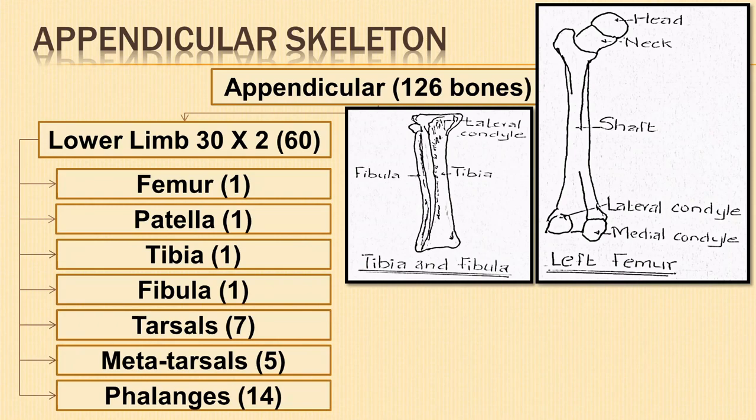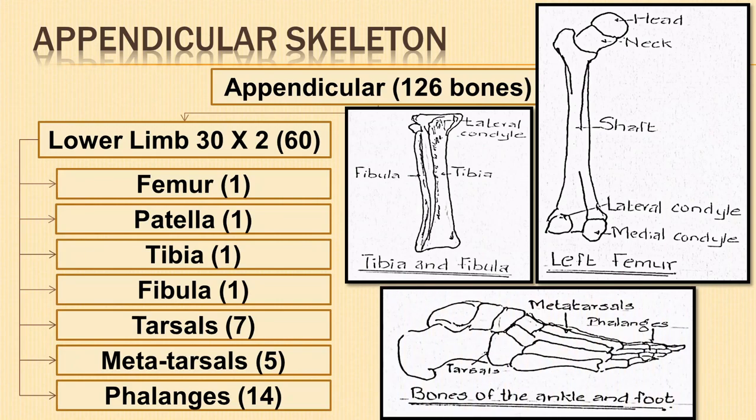Distal ends of both tibia and fibula articulate with tarsals. Foot bones consist of the ankle or tarsus made up of 7 bones called tarsals, 5 long bones called metatarsals, and phalanges. The thumb of the foot is called hallux.